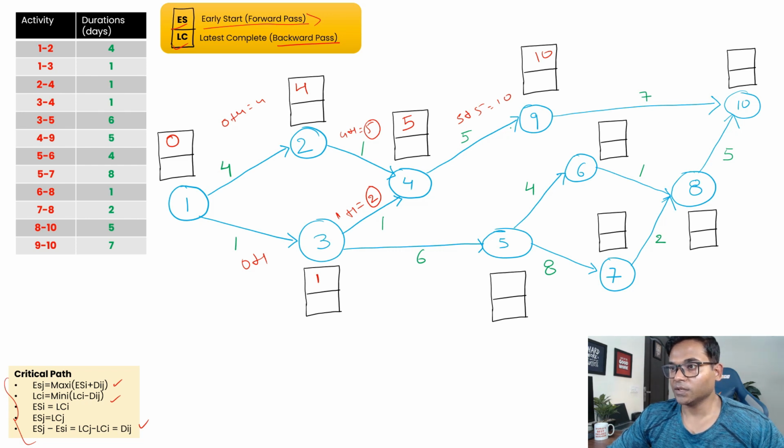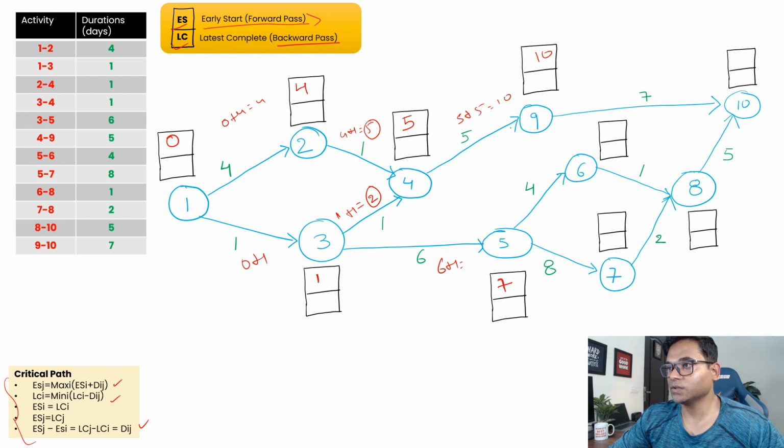Now if you see here for 5, there is again a single arrow coming in, and then if you try to calculate here, remember we have calculated early start earlier here for 1 and 6. 6 plus 1 is 7, so 7 is going to be the early start for this node.